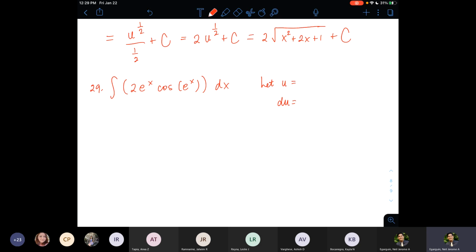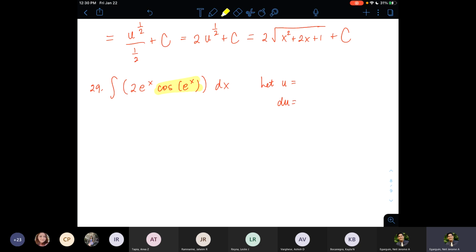The complicated function is the cosine function. But if we let u be equal to the cosine function, what would be the du? I hope you can imagine the next few steps before we write, so that we can decide whether it's a right or wrong choice.